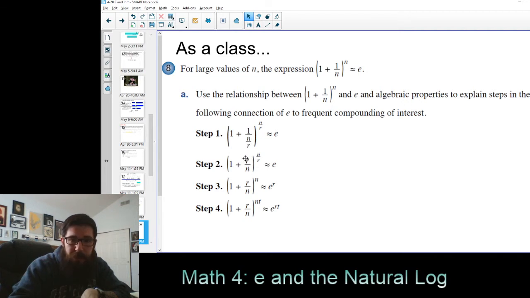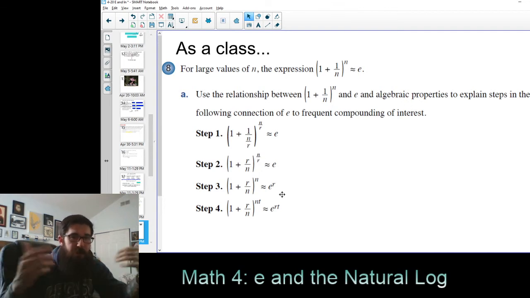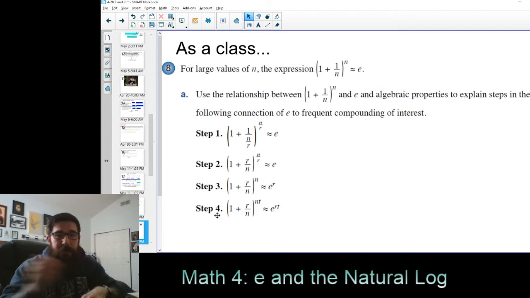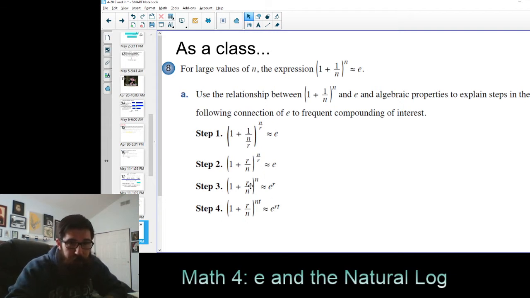That gets me an r over n case, right? This exponent still ends up being the same idea. From step 2 to 3, we see that this r right here disappears and there ends up being 1 on there. What I'm really doing is raising both sides to the r, and then if I raise both sides to the t power, I end up getting this, oh my goodness, left side, which should look pretty familiar, right? This is basically that equation from earlier.